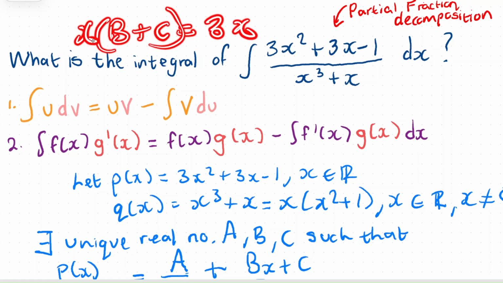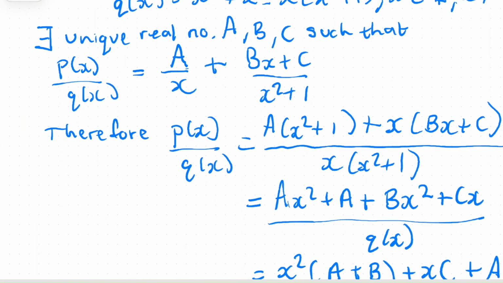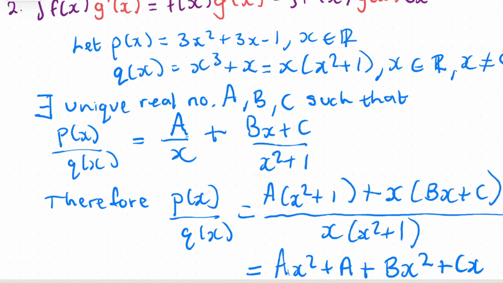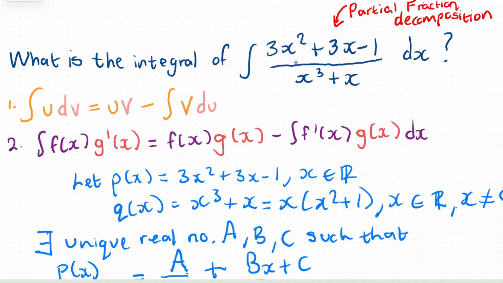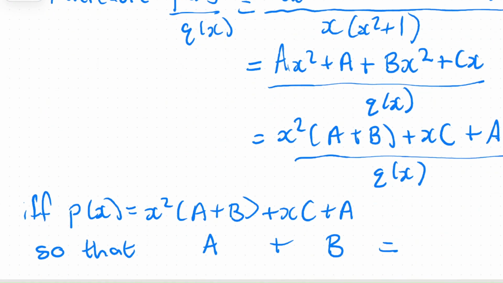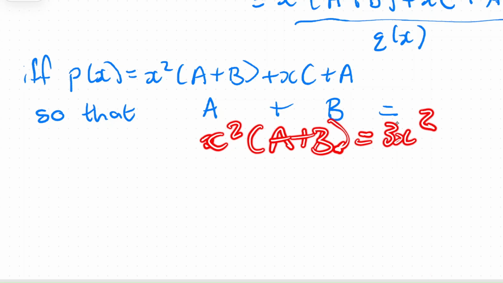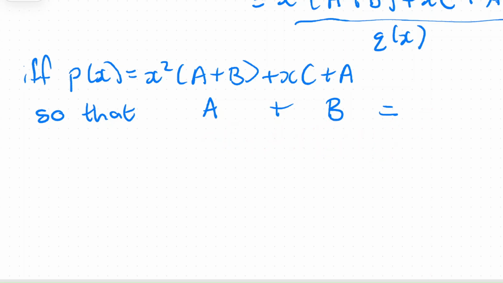So if I'm saying x times (b plus c), that basically means b plus c has to equal 3 to give us the 3x. And so we're going to do that. So let's go back to this. That's going to be 3, since we know that x squared times (a plus b) is going to equal 3x squared. So we know that a plus b has to equal 3.